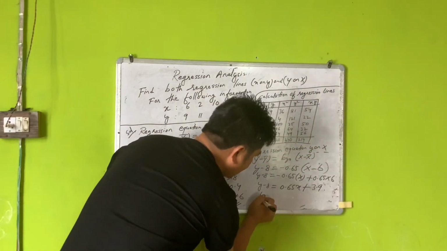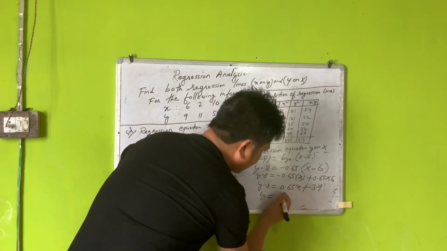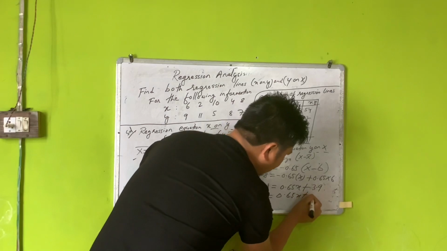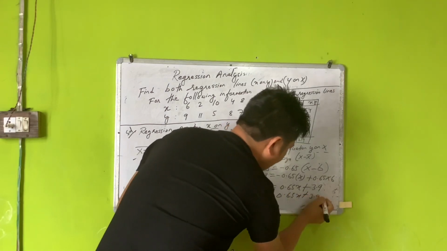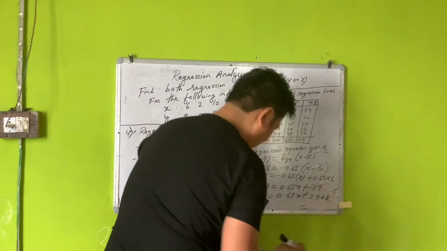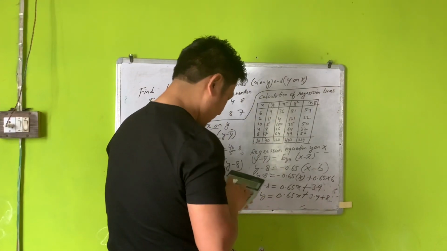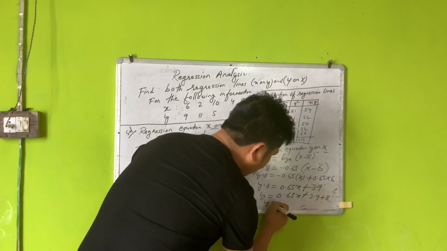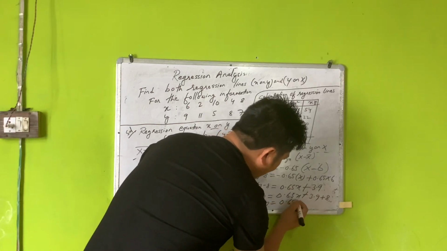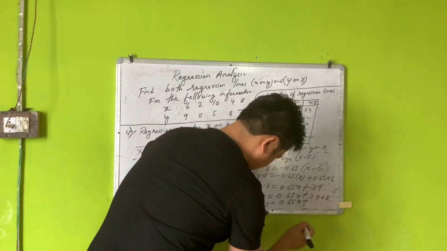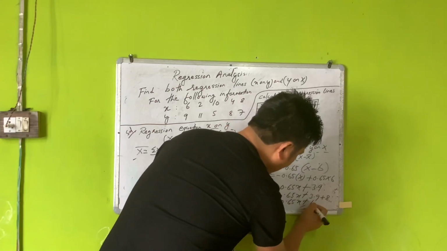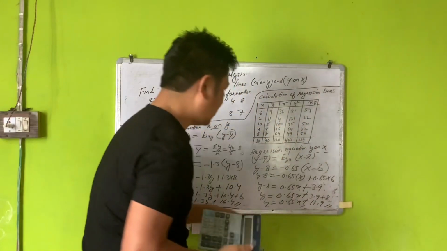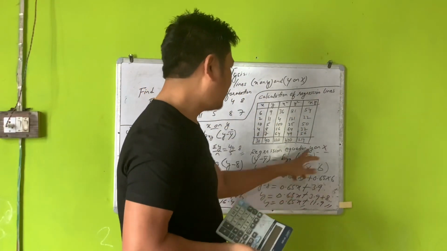Now we can take the 8 to the other side: minus 0.65x plus 3.9 plus 8. So 3.9 plus 8 is equal to 11.9. So y is equal to minus 0.65x plus 11.9. So this is the regression line of y on x.